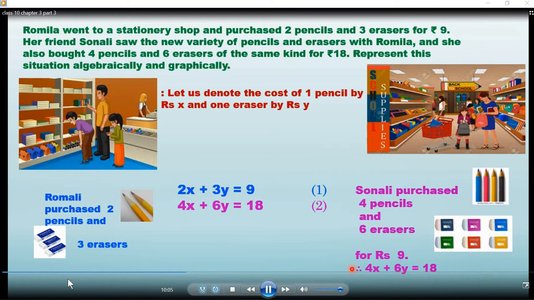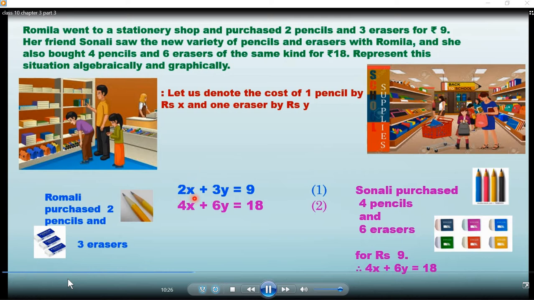Now, some conditions will be applied on this to make the equation. So the first condition applied for Romila, it means the first equation is about Romila, is that she takes 2 pencils and 3 erasers for rupees 9.